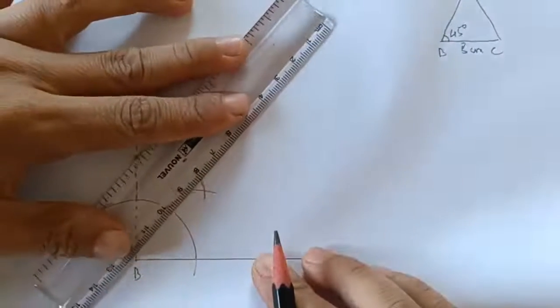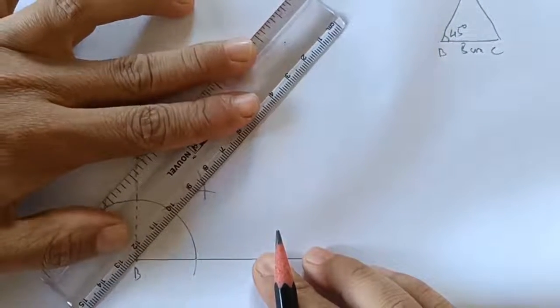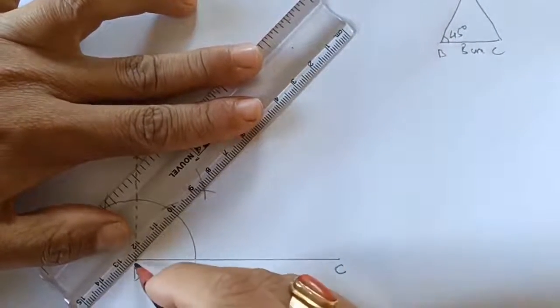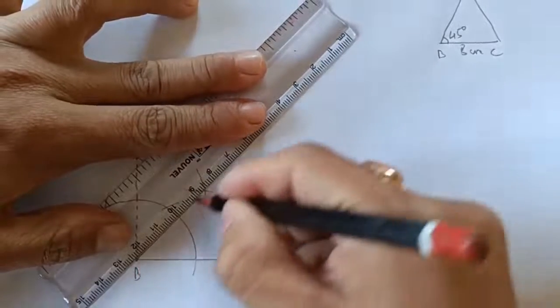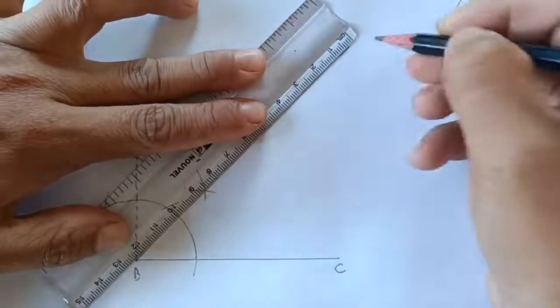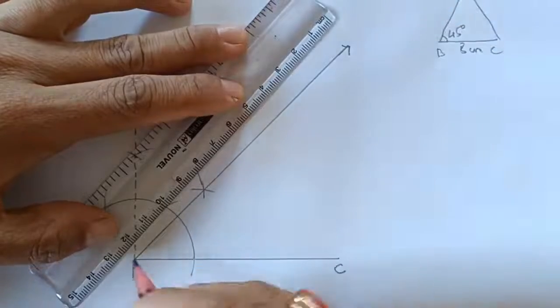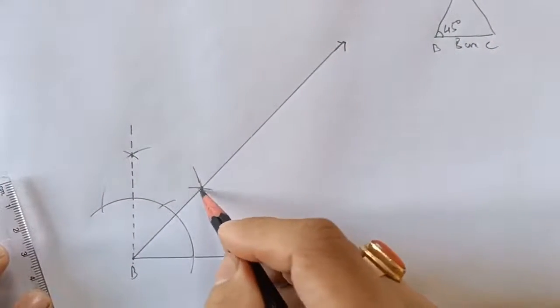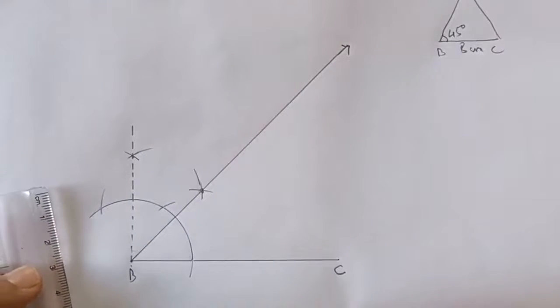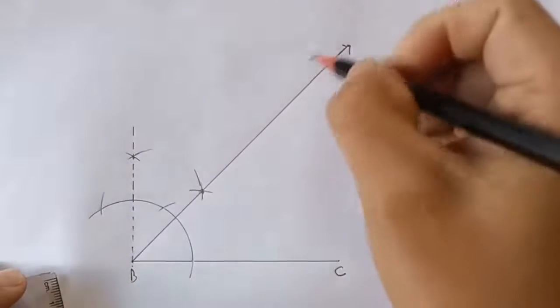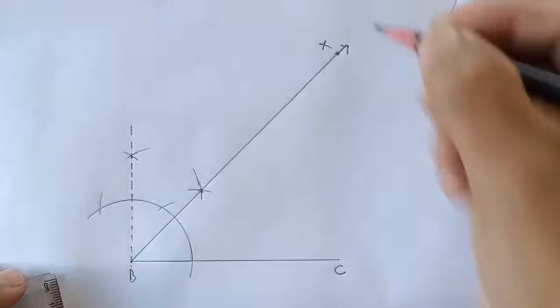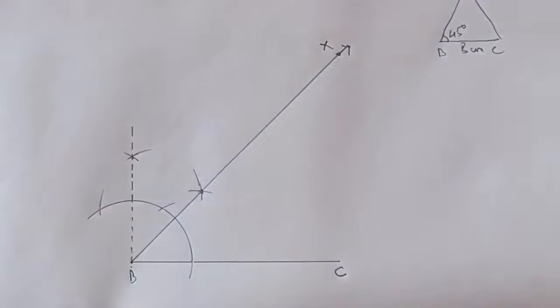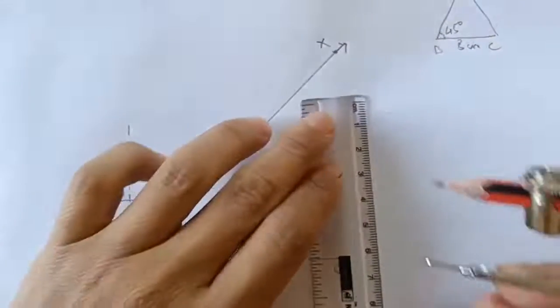Now let us draw a ray BX passing through the vertex B and this particular intersecting point. So from the ray BX, let us cut BD measuring 3.5 centimeter.